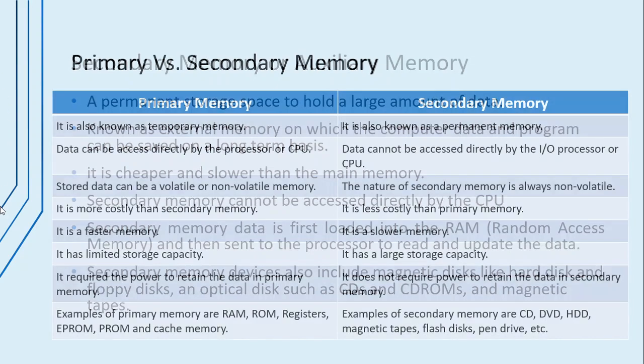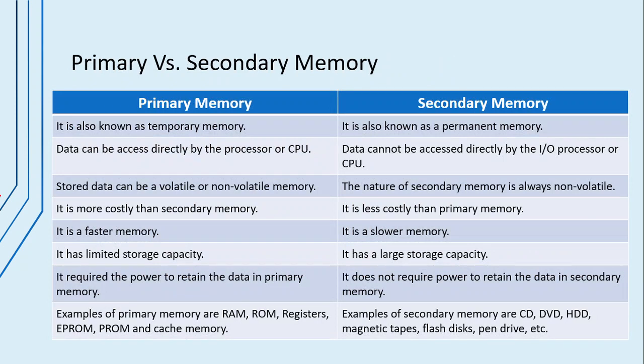Now we will see the difference between primary memory and secondary memory. Primary memory is also known as main memory, and secondary memory means auxiliary memory. The first difference is that primary memory is temporary memory, whereas secondary memory is permanent memory.